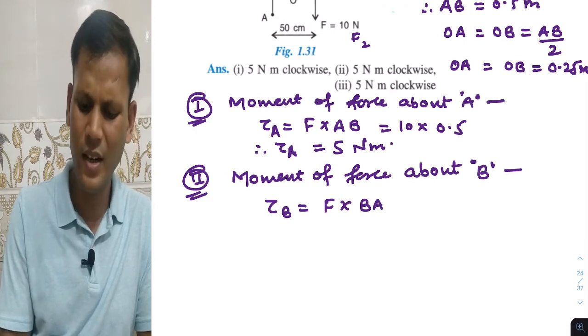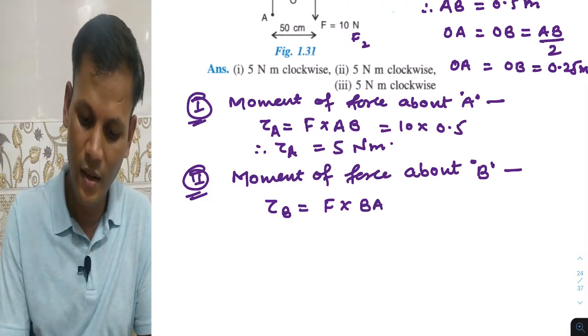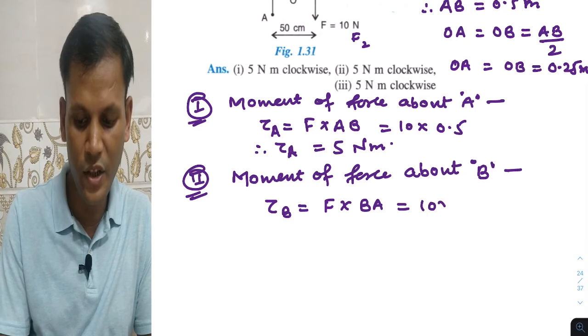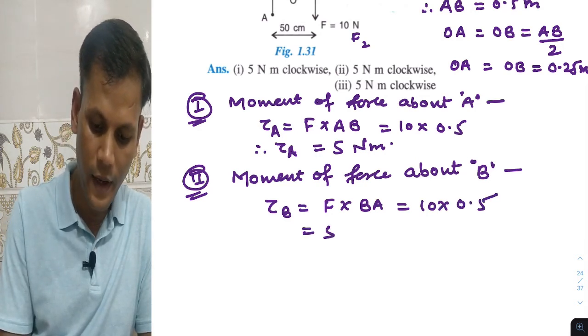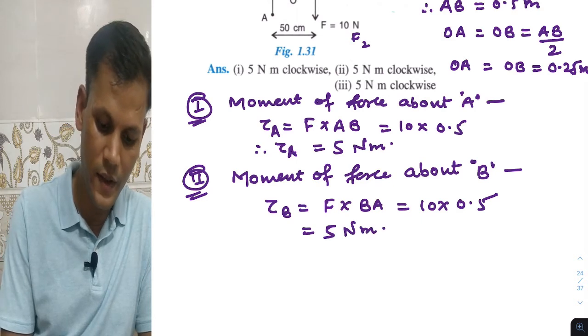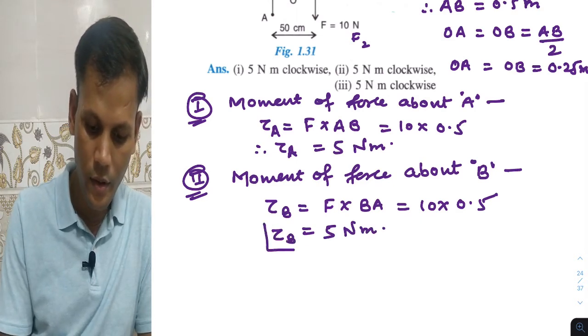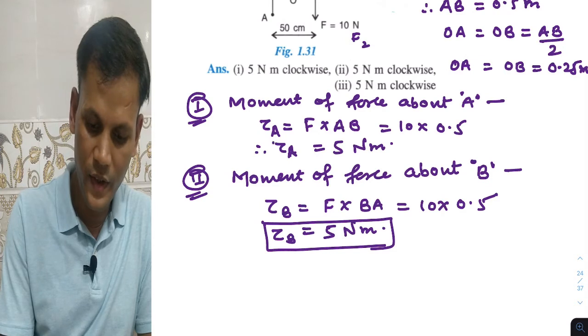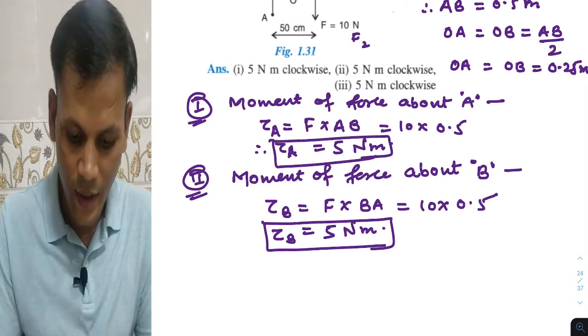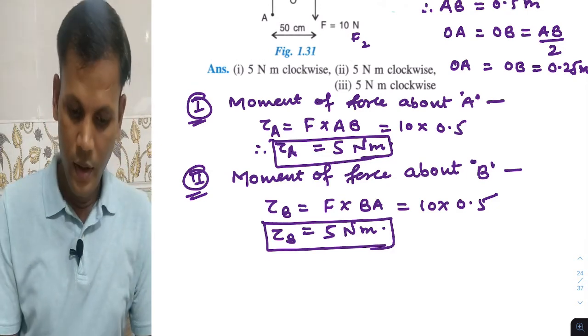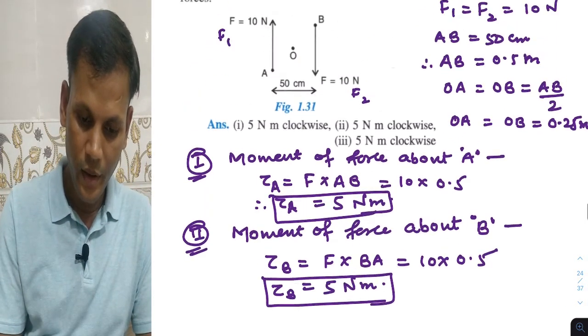I will take it as BA, but AB is the same as BA. So it will be 10 into 0.5, which is 5 Newton meter. It is tau B, and the earlier one is tau A. Tau means torque, it is the Greek symbol.